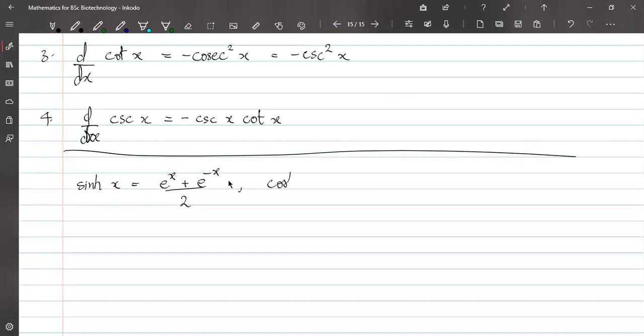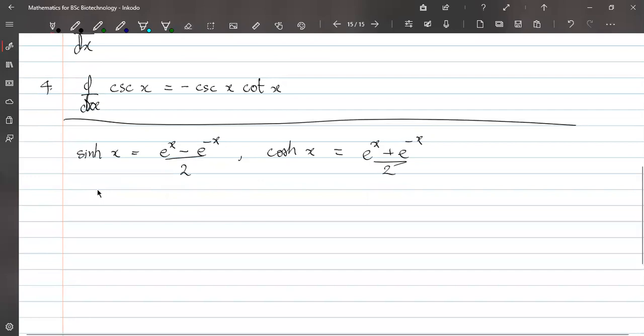Similarly, you have cosh of x, which is e to the x plus e to the minus x by 2. I'm sorry, I mixed up the sign here. The sinh should have the minus, usually we write cosh x first, this should be minus, and this should be plus. And then the remaining hyperbolic functions can be defined just in terms of these. So you have also this, we are just making analogous definitions basically.